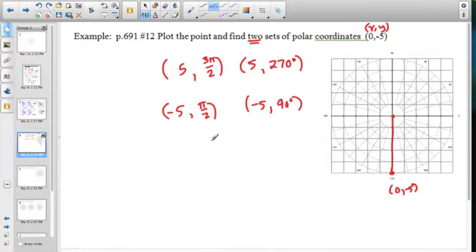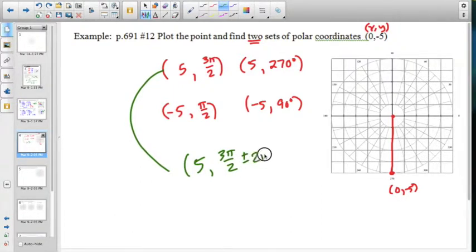And then, so what are some other ways we could write that? This is kind of sticking in the unit circle. We could also really, any multiple of 2 pi here is going to work. So in a generic term, a lot of times you'll see people write 5 comma 3 pi over 2 plus or minus 2 pi.